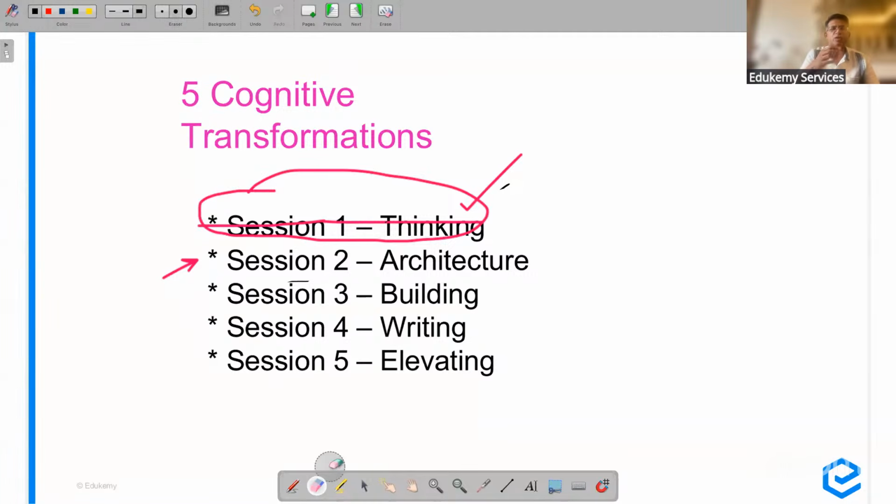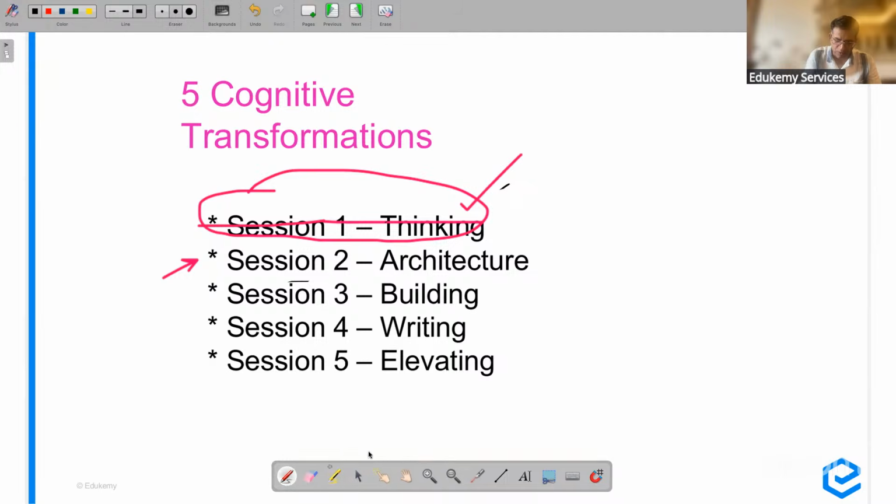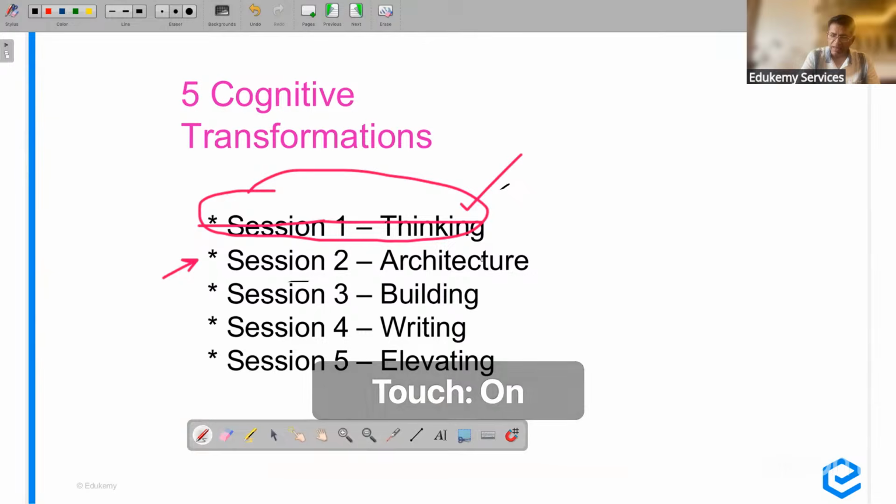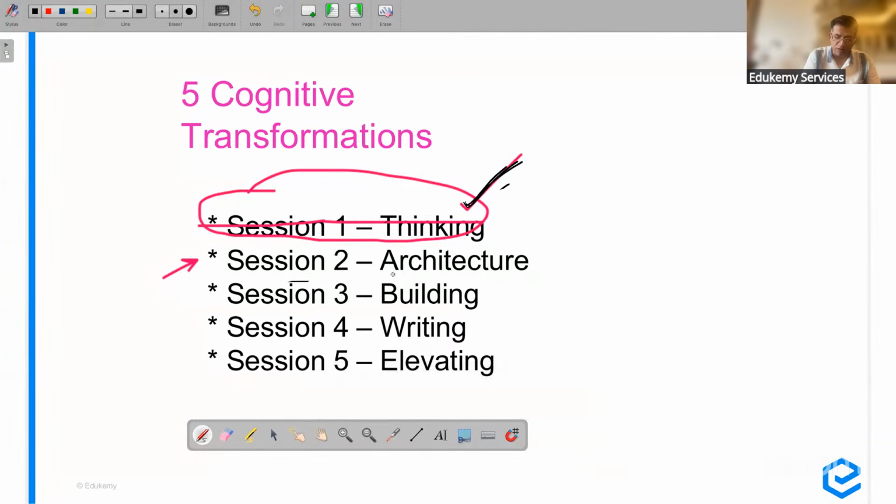Chalo, theek hai. So what we have done is, we have discussed essay writing through 5 steps. I think all of us who attended will remember these 5 steps. The first is the stage of thinking, where I said, spend some time thinking about the essay. Then you move towards the architecture.